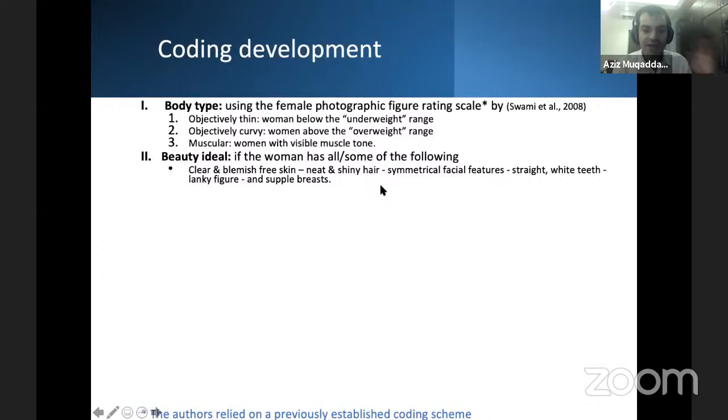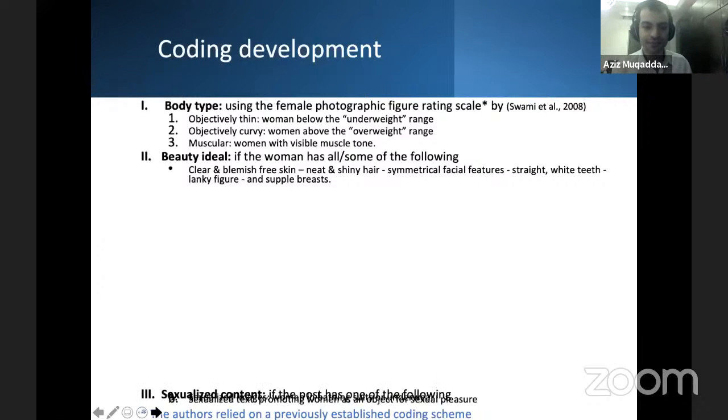So here they are actually talking about specific body parts. And so if it had any of these, they would consider it sending a message about beauty ideal. So if you don't have straight teeth, yeah, then you wouldn't be considered portraying the beauty ideal, right? So the beauty ideal, as defined traditionally by the media or by the mainstream, okay? That's called promoting a beauty ideal.